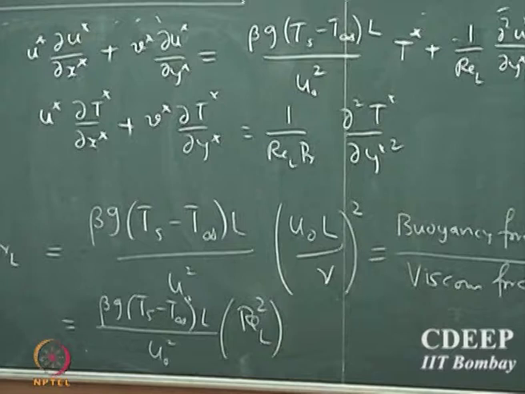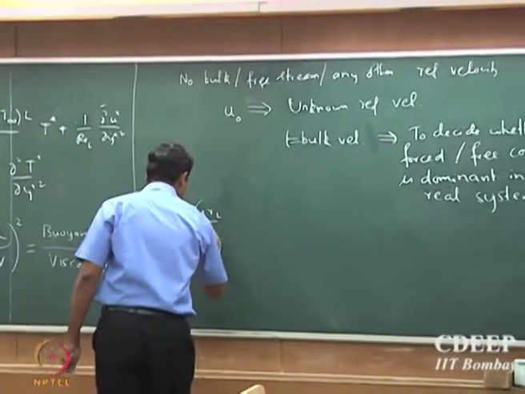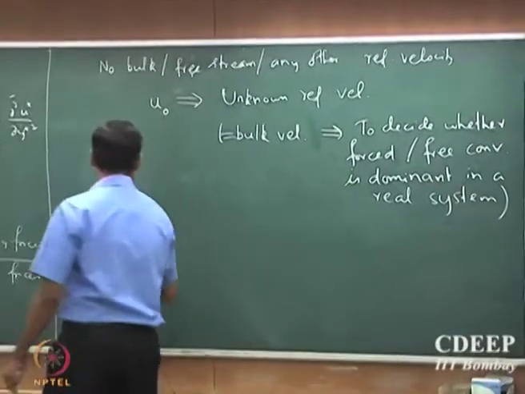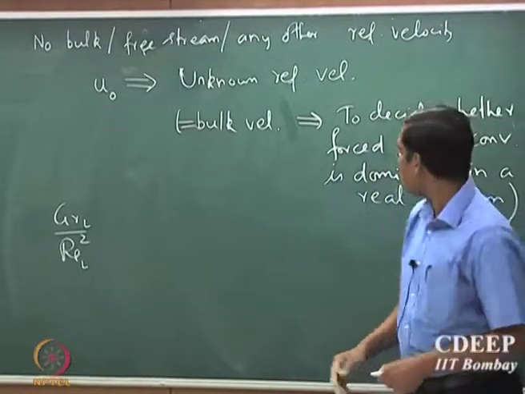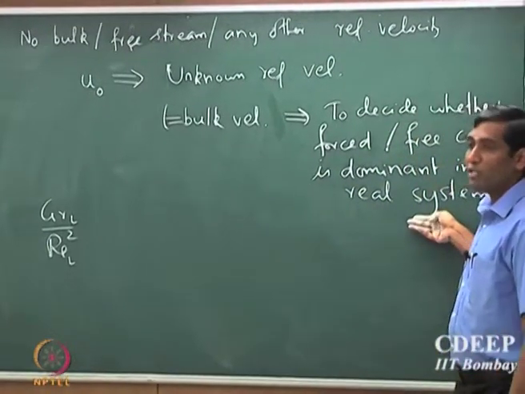So that gives us an interesting framework to answer the question that we posed a short while ago. How do we decide whether free convection or forced convection is the dominating mode of heat transport? The Grashof number by Re_L square provides the framework for understanding which one is the dominating mode.